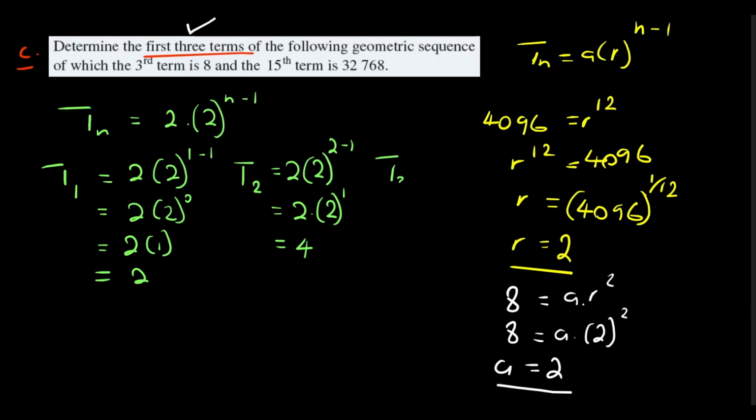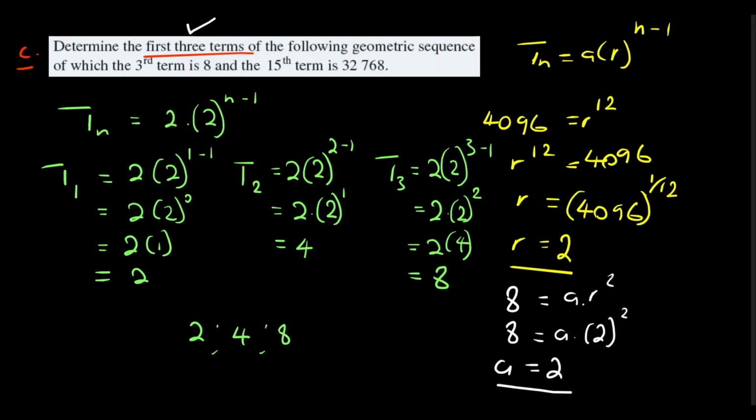Then we calculate our t3, which is 2 times 2 to the power of 3 minus 1, which is 2 times 2 squared, which is 2 times 4, and that is 8. So therefore our first 3 terms of the sequence will be 2, 4, 8, and it will continue until infinity. And that will be our answer to this question.